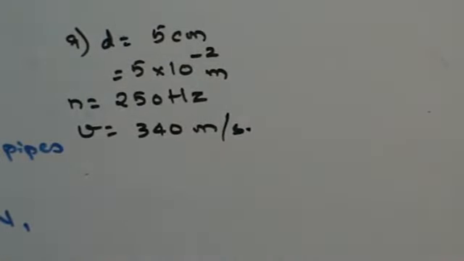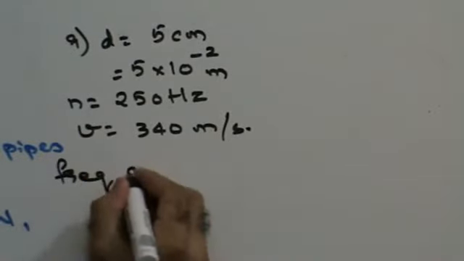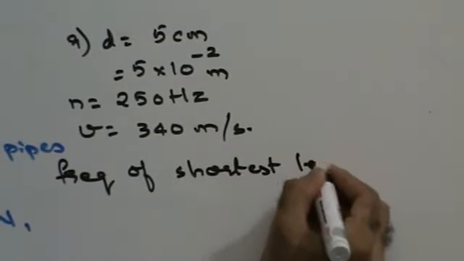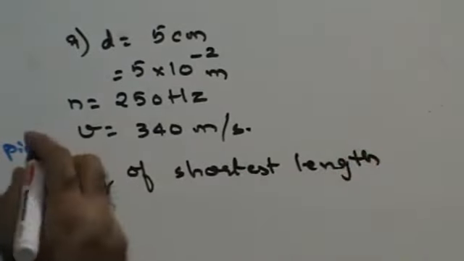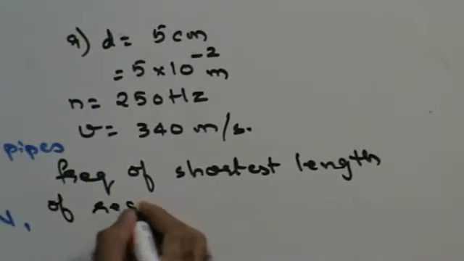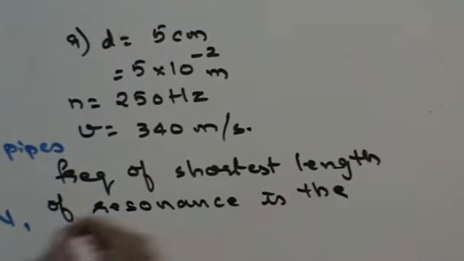Now, they've asked for the shortest length of the tube. The shortest length is possible only when the tube is vibrating with the fundamental frequency. I can say that the frequency of the shortest length of resonance is the fundamental frequency.